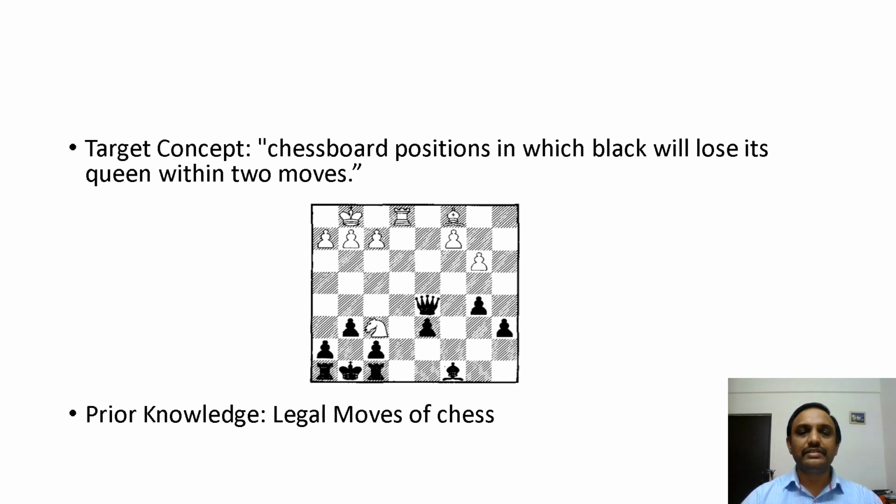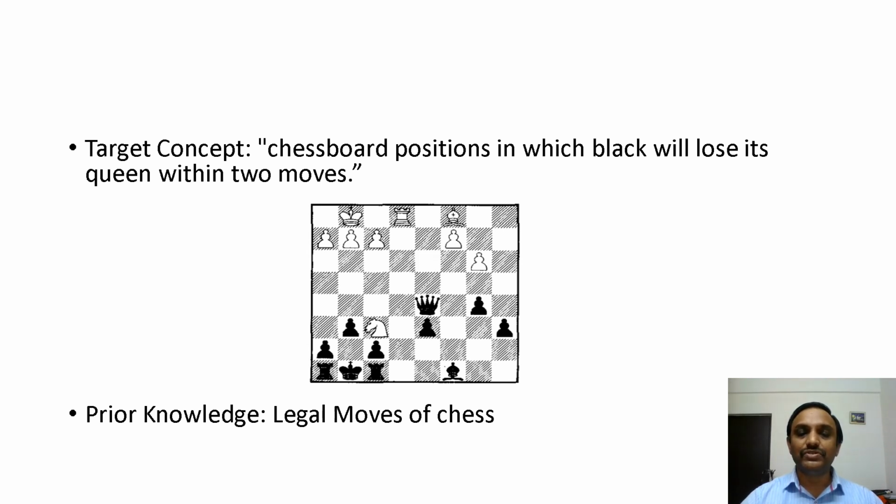Here is an example of analytical learning. In this example, the target concept is to design chess positions where black will lose its queen within 2 moves. In the case of analytical learning, we require prior knowledge first. So what is the prior knowledge we require here?